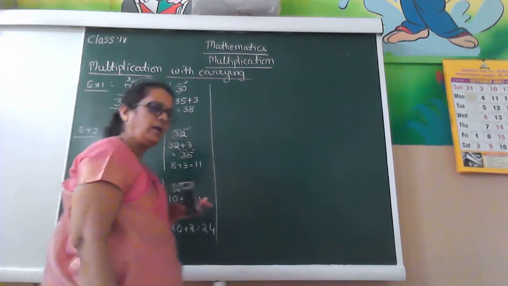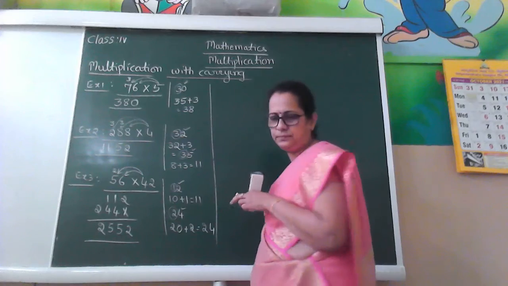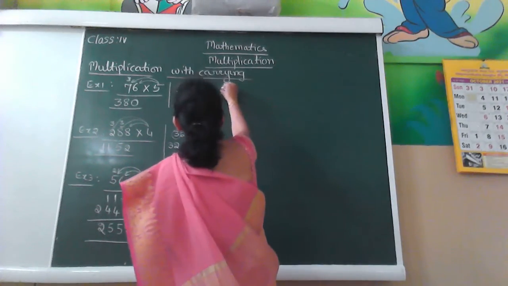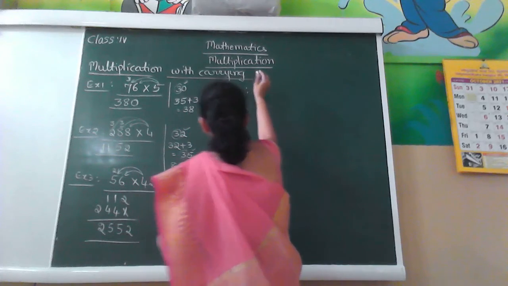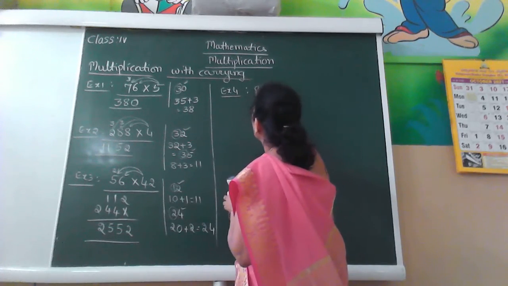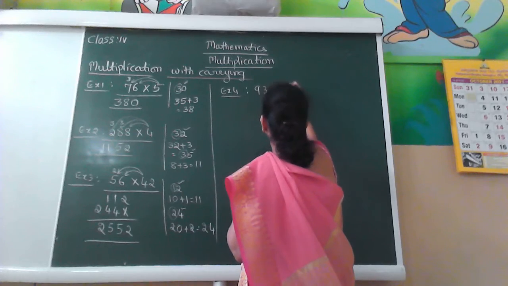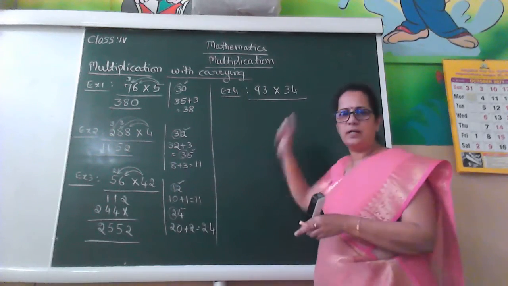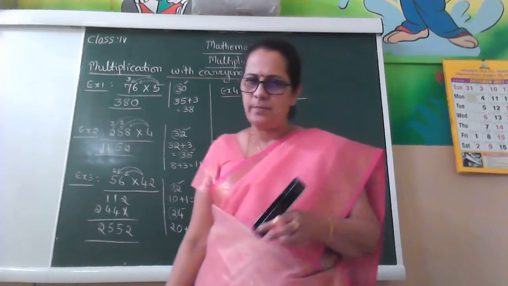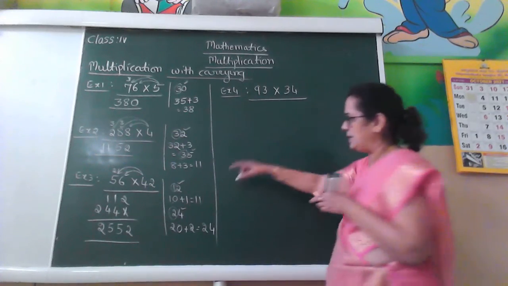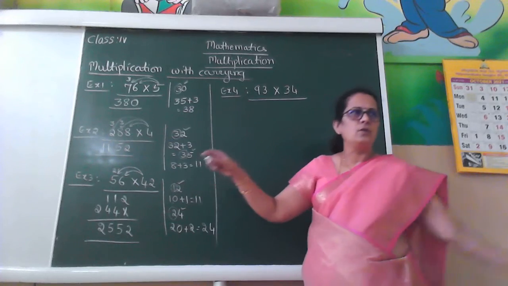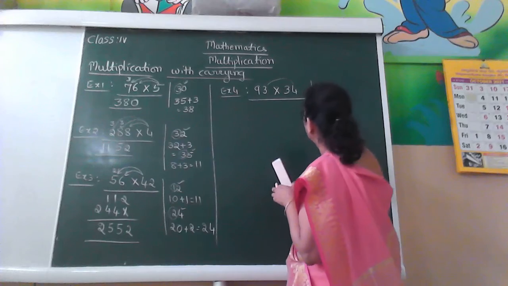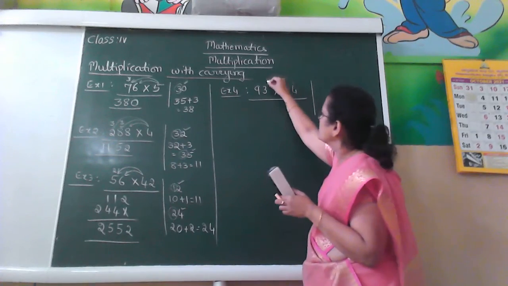So I do another example, from the textbook I take. It is 93 into 34. Again 2 digit number into 2 digit number. First, as I explained here, how to multiply 4 threes. 4 threes are how much?